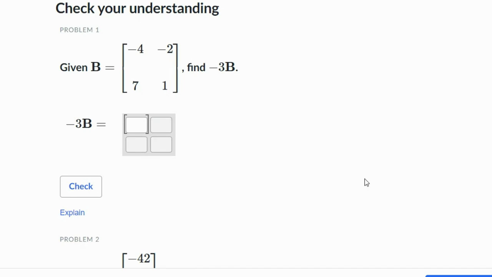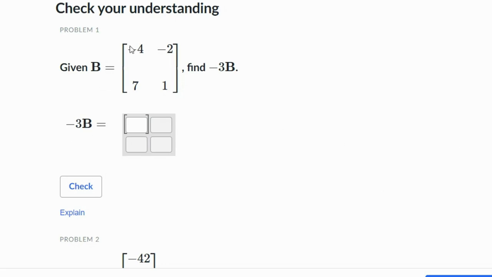Jonathan gave it a shot. Anybody else still in class? Thanks, Elijah. Hi, Kristen. We're doing scalar multiplication here. Cooper thinks Jonathan is correct, but Jonathan wasn't quite sure.